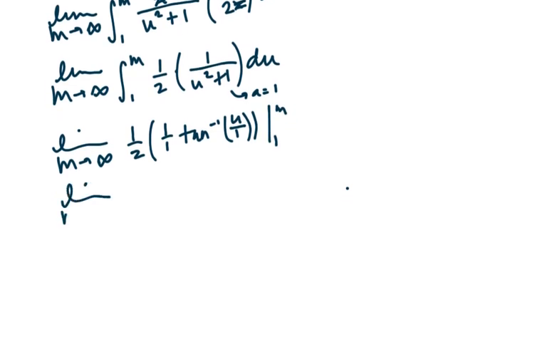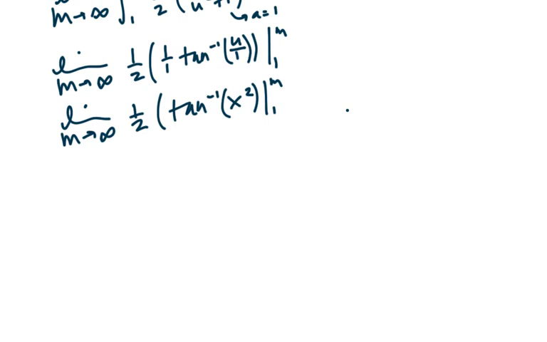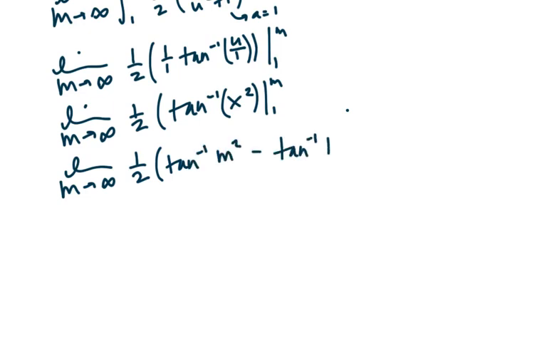I feel like we did an inverse tangent earlier. 1/2 inverse tangent of u, and u is x squared, from 1 to m. So we have the limit as m approaches infinity of 1/2 inverse tangent of m squared minus inverse tangent of 1.